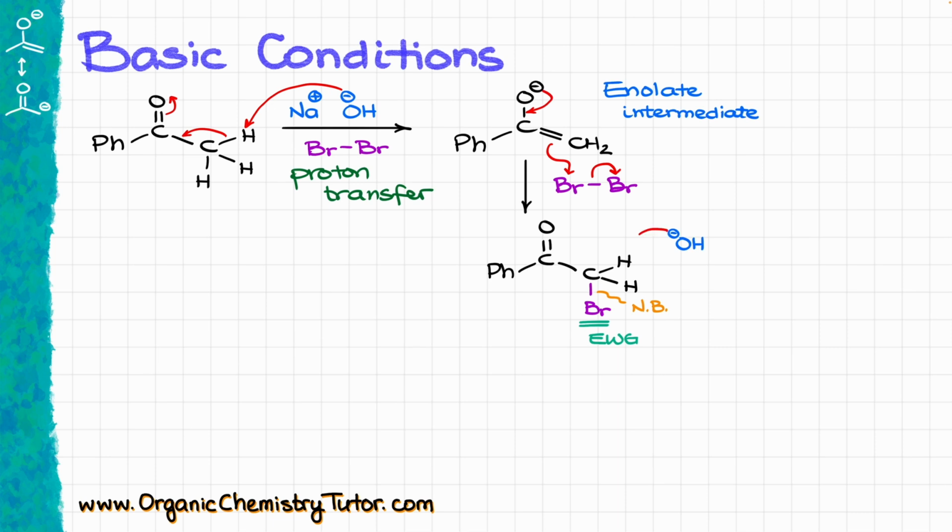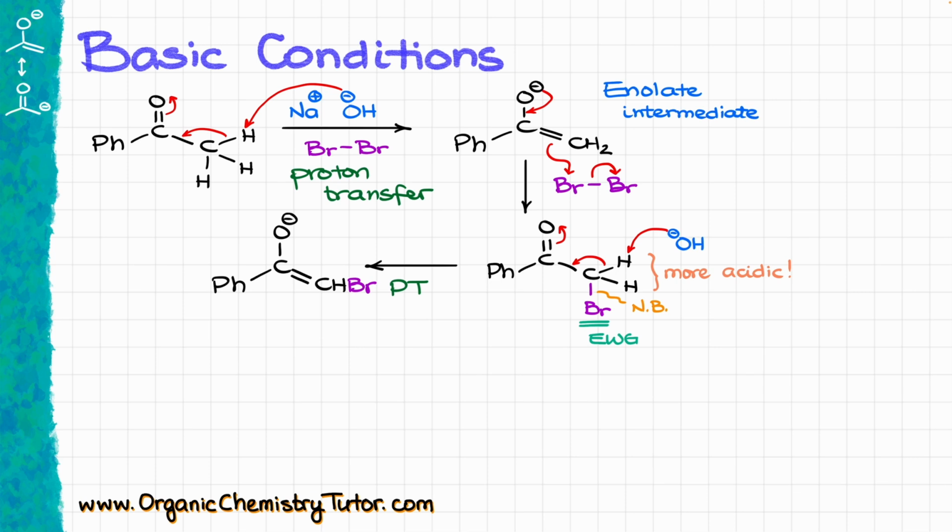Now, if I attempt to deprotonate my molecule again, well, in this case, this process is going to be even easier than the original one, because these two protons that I have over here, because of this bromine, because we have the electron withdrawing group, these protons now are more acidic. And we are immediately going to reform our enolate again.